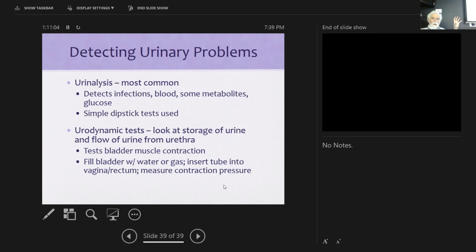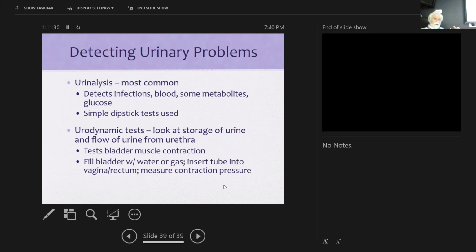One thing is, as they say here, what we can do is actually see how much fluid we can pump into a bladder through a catheter. So it goes the reverse. Instead of coming out, it goes in. We pump that in until it's full, so we get an idea of the capacity.